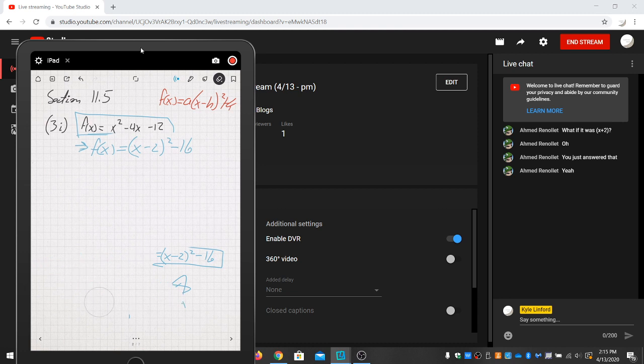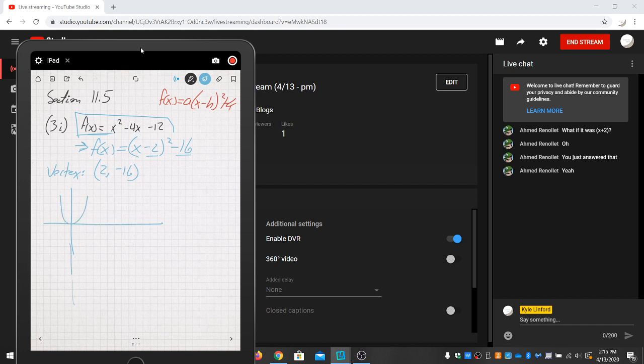Now, we want to be able to look at this function and interpret what the graph would look like. Well, we know right away that the vertex is going to be 2, negative 16. It tells us right here. There's the vertex, the x point and the y point. So we moved this function over.